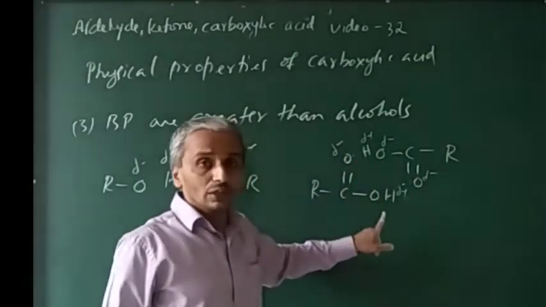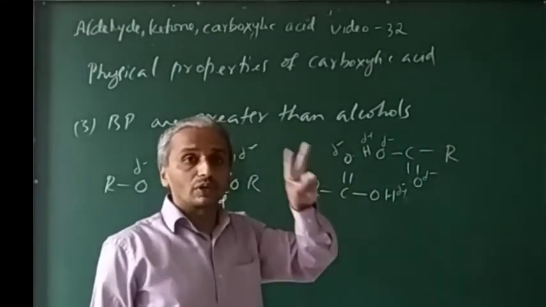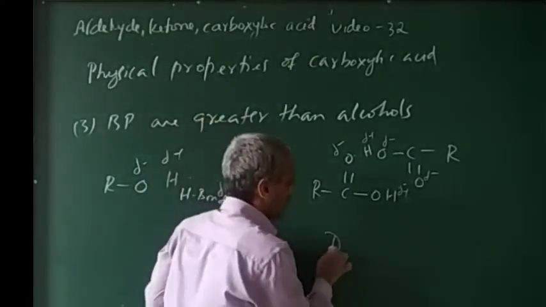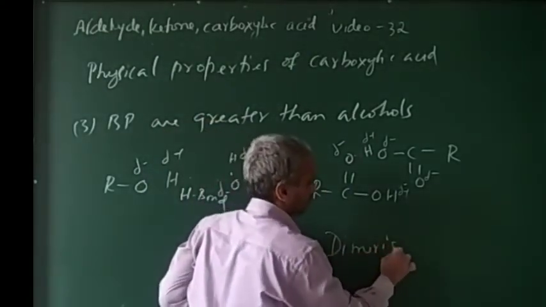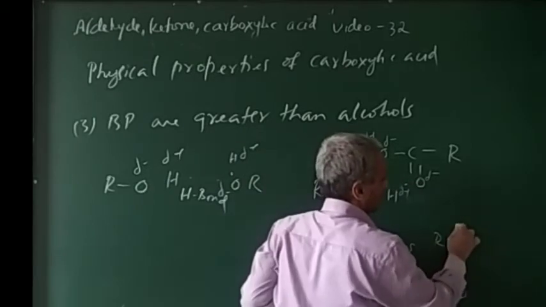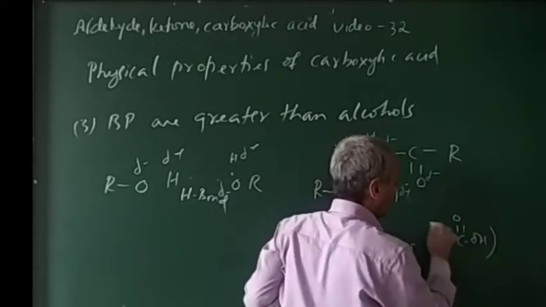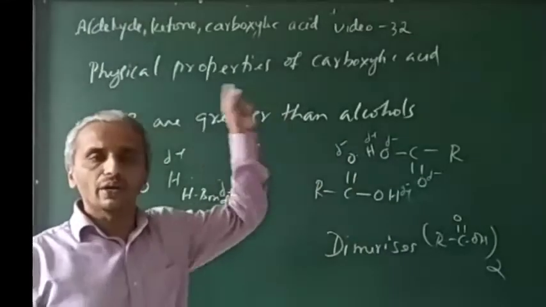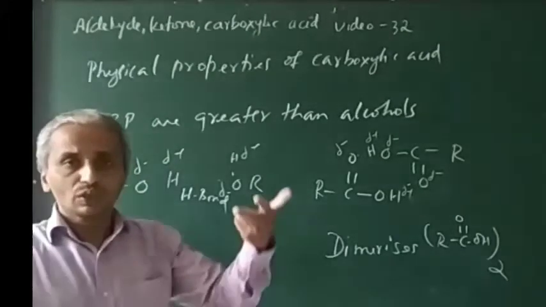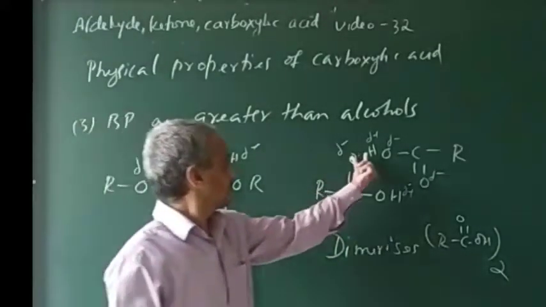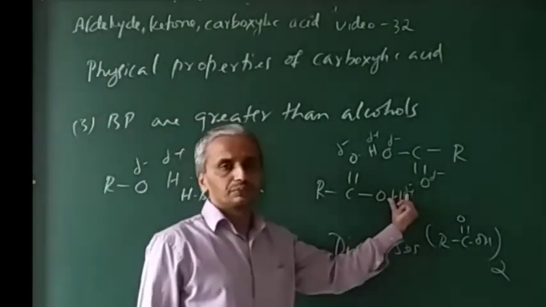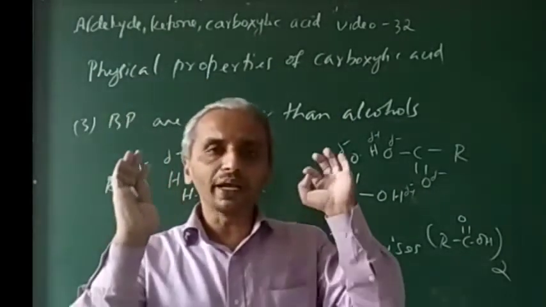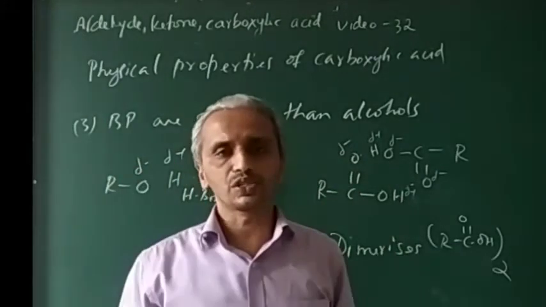Here one hydrogen bond, here one more hydrogen bond. Means two hydrogen bonds will be there. And they dimerize also. Means RCOOH, two molecules form a dimer. Stronger hydrogen bond will be there in the carboxylic acid from two places. More boiling point. And when the branching increases, boiling point decreases.